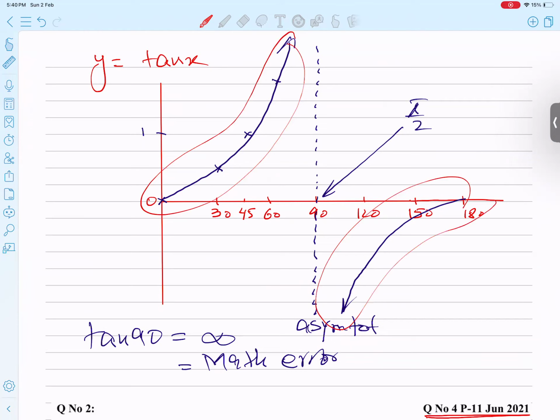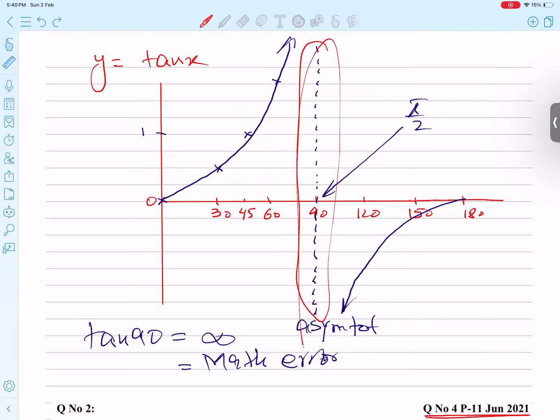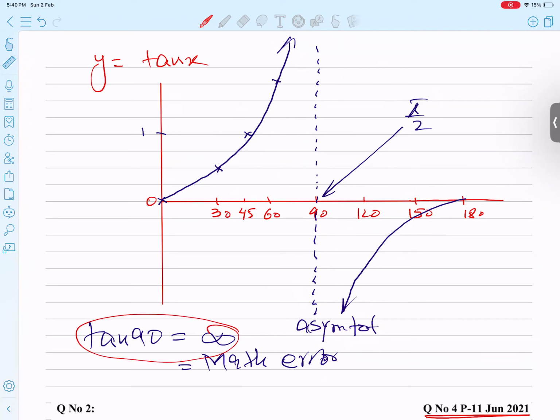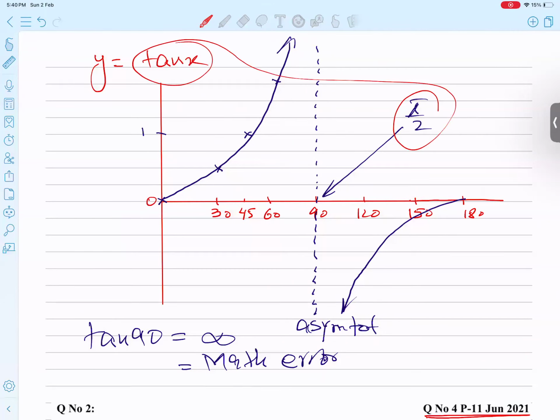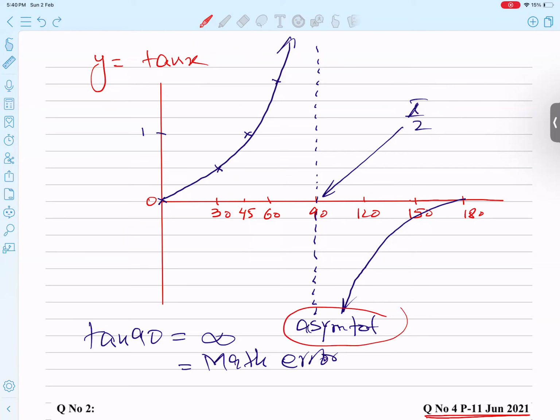At 90 degrees, or pi by 2, we got a math error, which is infinity, undefined. So at pi by 2, originally the graph, called the parent function, has an asymptote.